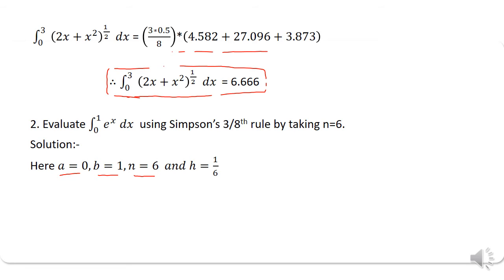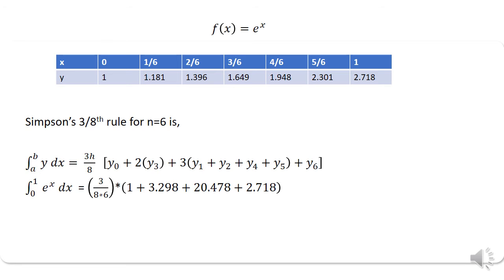In this problem, we'll keep 1 by 6 as it is to get the exact upper limit 1. X equal to 0, 1 by 6, add h again, 2 by 6, add h, we get 3 by 6, 4 by 6, 5 by 6 and we get exactly 1.